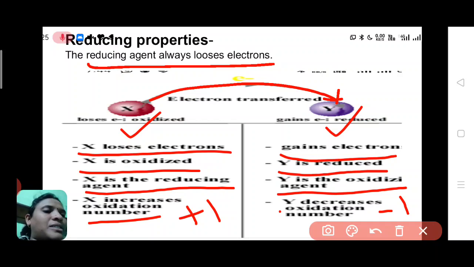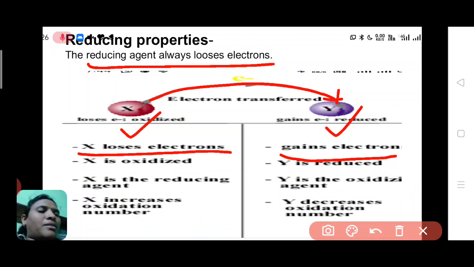Minus one charge means decrease in oxidation number, plus one charge means increase in oxidation number. Plus means increase, minus means decrease. Due to acceptance there is acquisition of negative charge, and due to loss there is acquisition of positive charge. So this is the relation between oxidation and reduction, and I hope you now understand what an oxidizing agent is and what a reducing agent is.